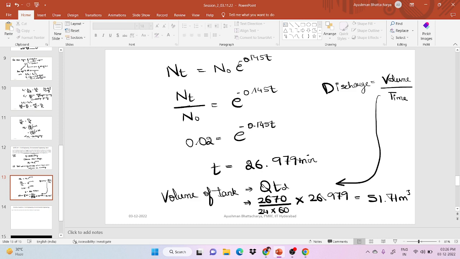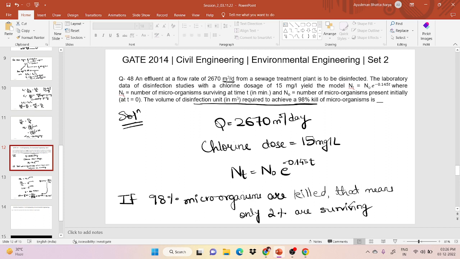So I hope this question is clear. I will just re-summarize it. In this question, they have given one model equation, Nt equals N naught e raised to power minus 0.145 t, where Nt is the number of microorganisms surviving at time t and N naught is the number of microorganisms present initially at time t equals 0.